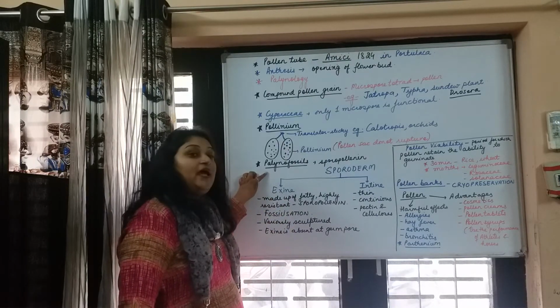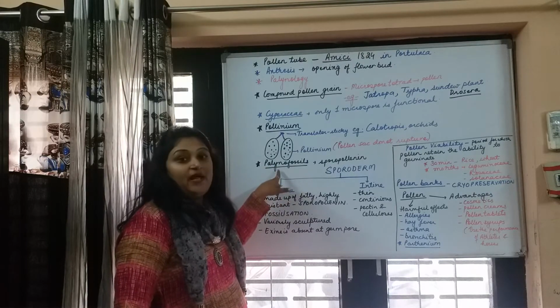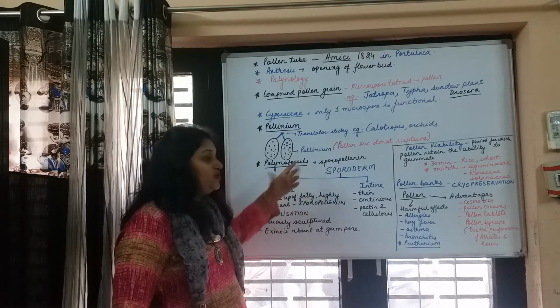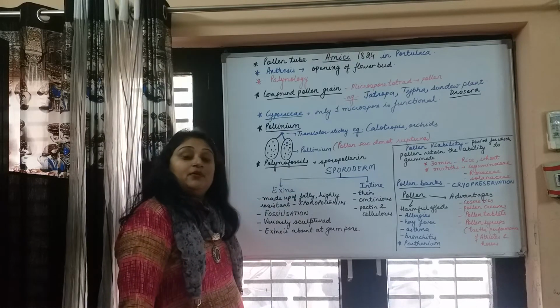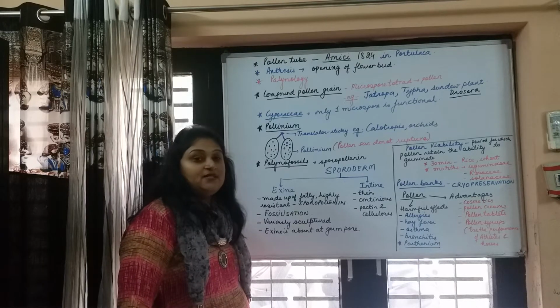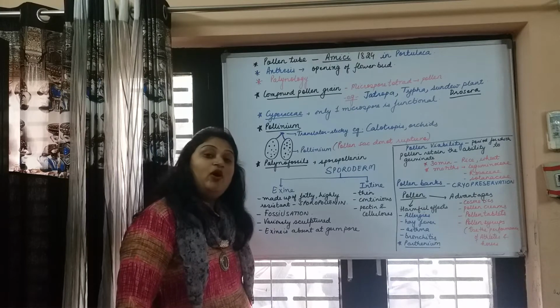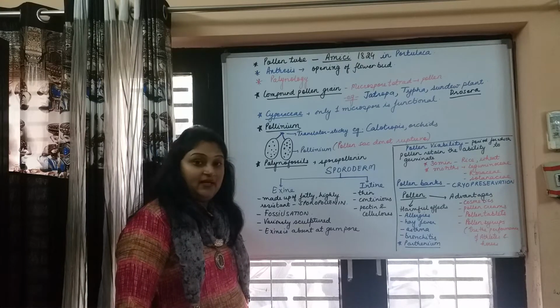Next term is pollinofossils. Pollinofossils, the word indicates to us: pollino means pollen, and fossils, we all know that. Because of the sporopollenin, which is the most resistant substance, and no enzyme is known to degrade it. The sporopollenin is a composition of the exine.